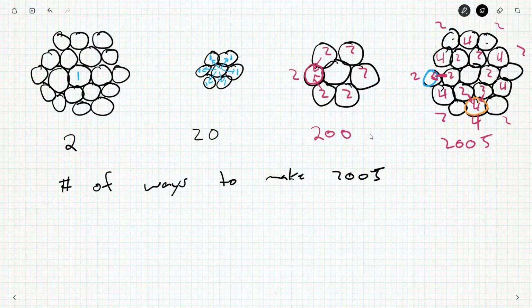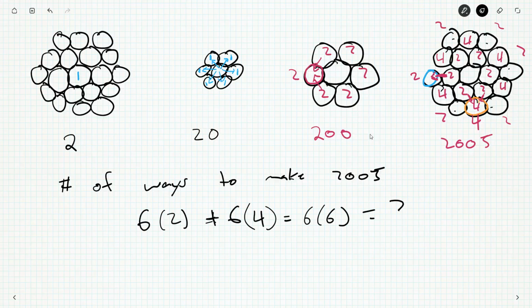So we have 6 corner 5s plus 6 side 5s, each of them having 4 ways to get to it. So 6 times 6, we should have 36 different ways to make 2005.